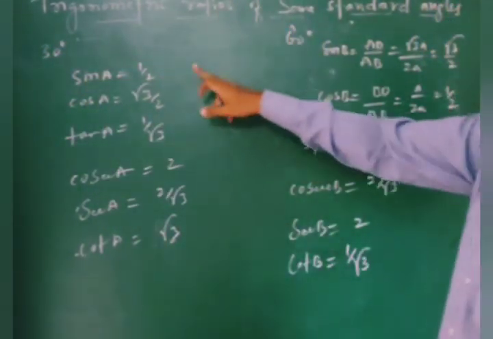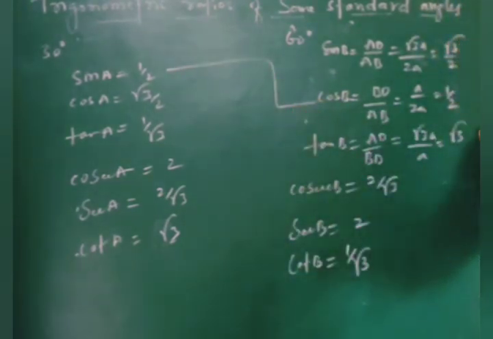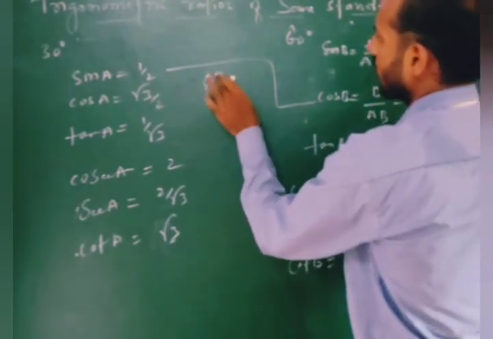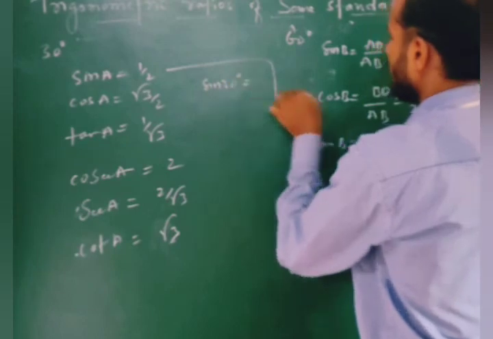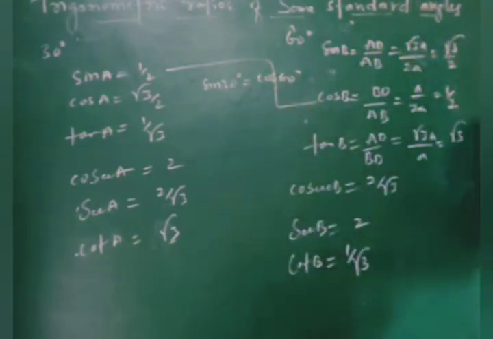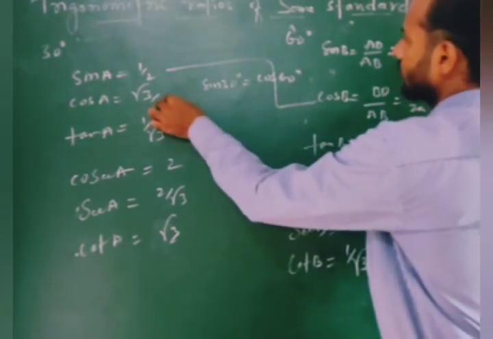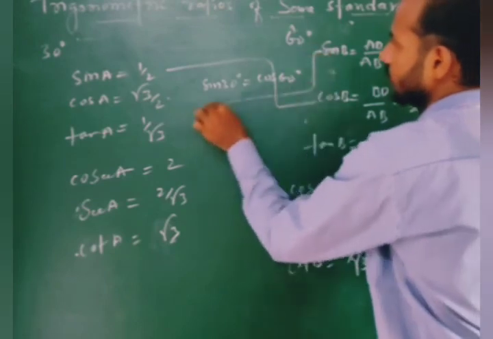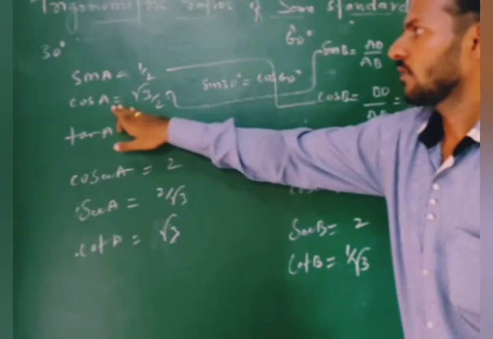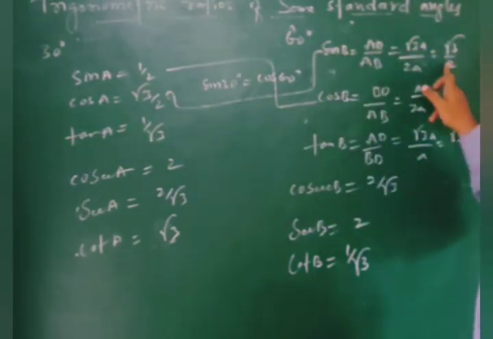Now sin A equals to cos B. Sin 30 degree is equals to cos 60 degree. Got it? Next, cos A equals to sin B. It is root 3 by 2.